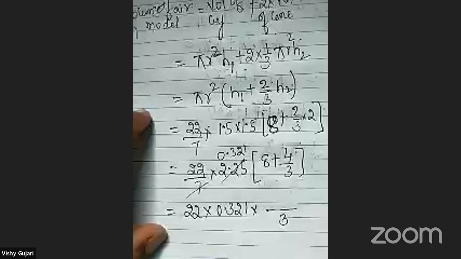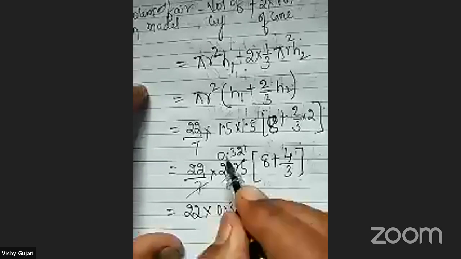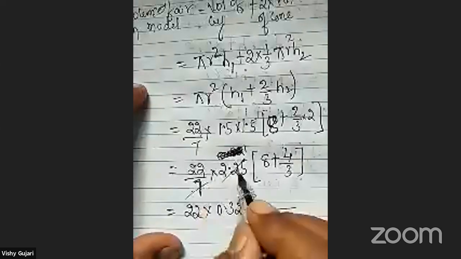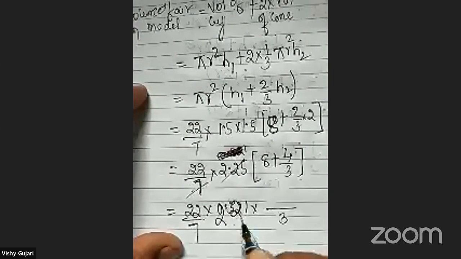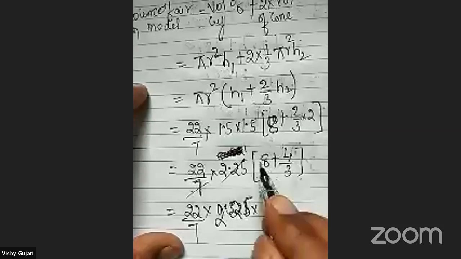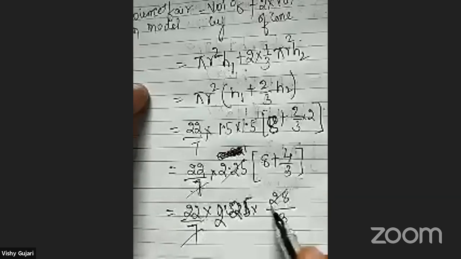Do one thing, don't cancel it. 7 as it is, 22 as it is, 2.25 as it is. Here, taking LCM 3, 3 eights are 24 plus 4, 28. Now you cancel, 7 fours are 28.